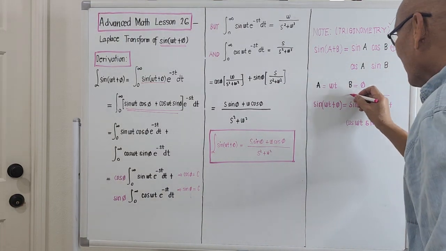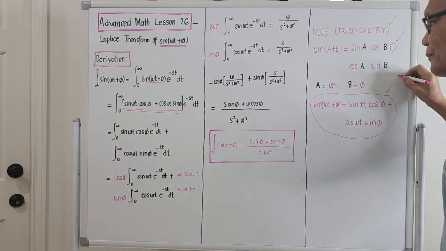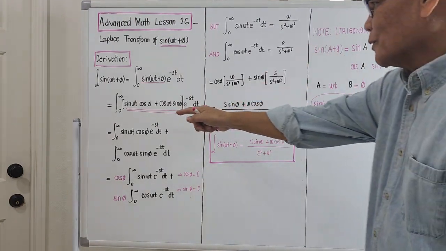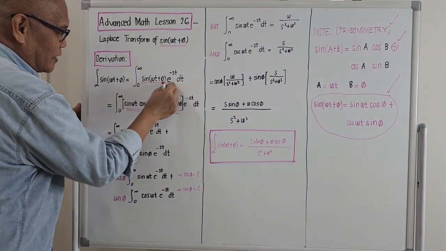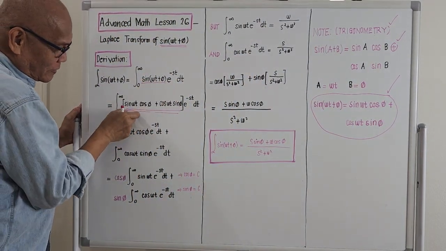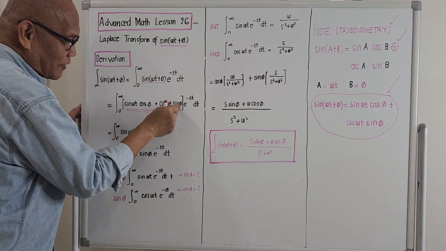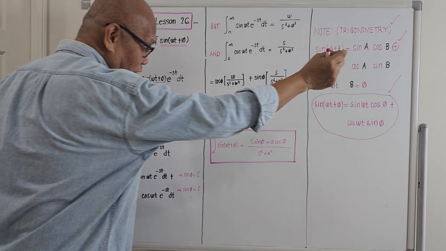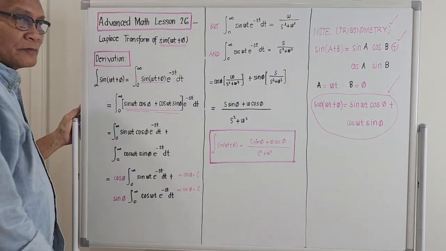So this formula here is what we need to take the integral of the right hand side. Meaning the expansion of this will be sine of omega t cosine of angle p plus cosine of omega t sine of angle p. It emanates from our knowledge of trigonometry.